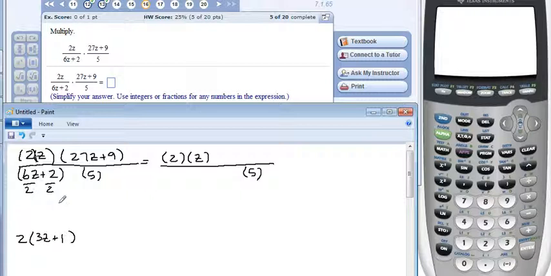That's 1. So I can do my 2 and then my 3z plus 1. I'm going to do the same thing here. 27z plus 9 has a common 9 in it. I'm going to divide both of these by 9. Can I get that in there? Yep. 3z plus 1. That goes on top.